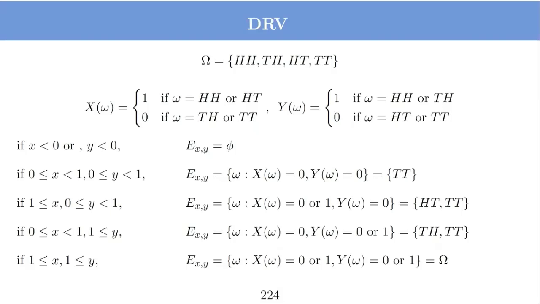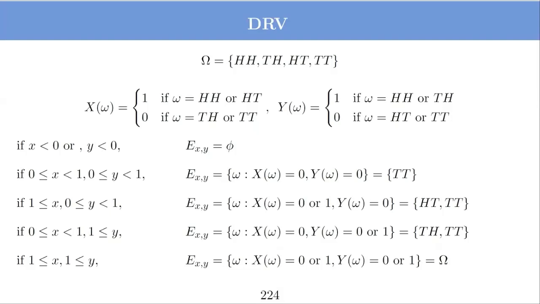Similarly, if you take x more than 1 and y between 0 and 1, this means that minus infinity comma small x has both values 0 and 1, and minus infinity comma y only has value 0. So what are the omegas such that X(omega) maps to 0 or 1 and Y(omega) maps to 0?